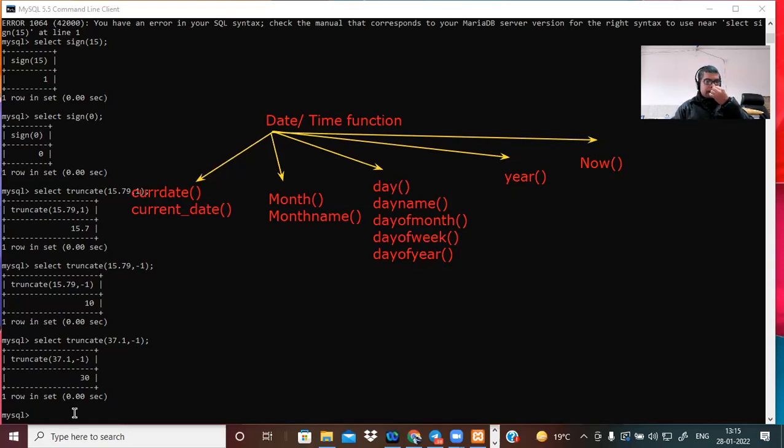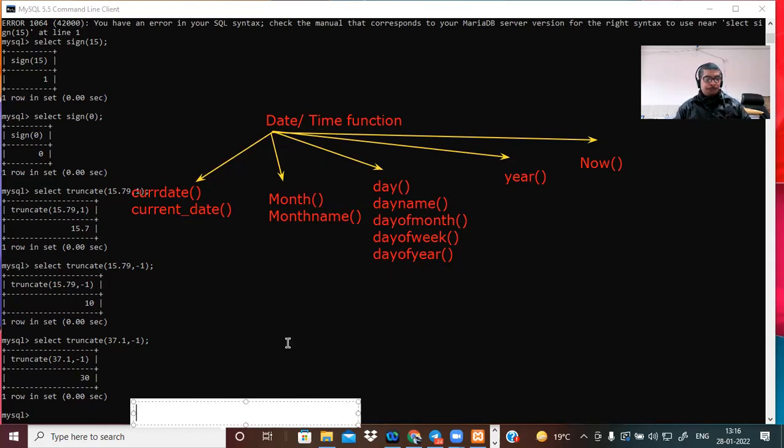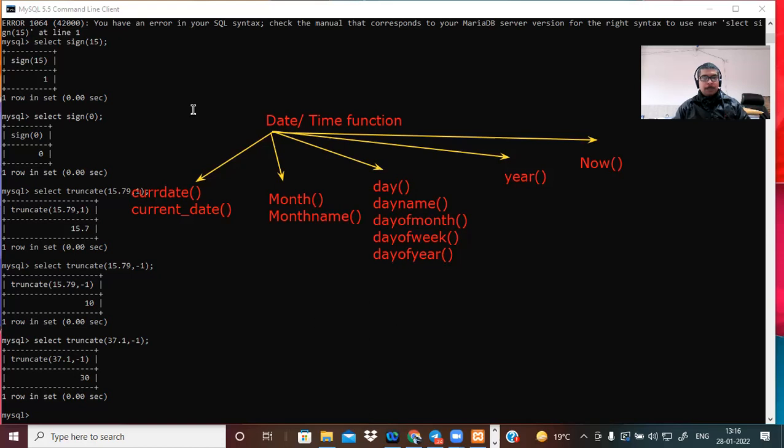separately, one by one. Cur date stands for current date. You can see in my system it is 28/1/2022. So cur date displays the current date of the system. Select cur date.